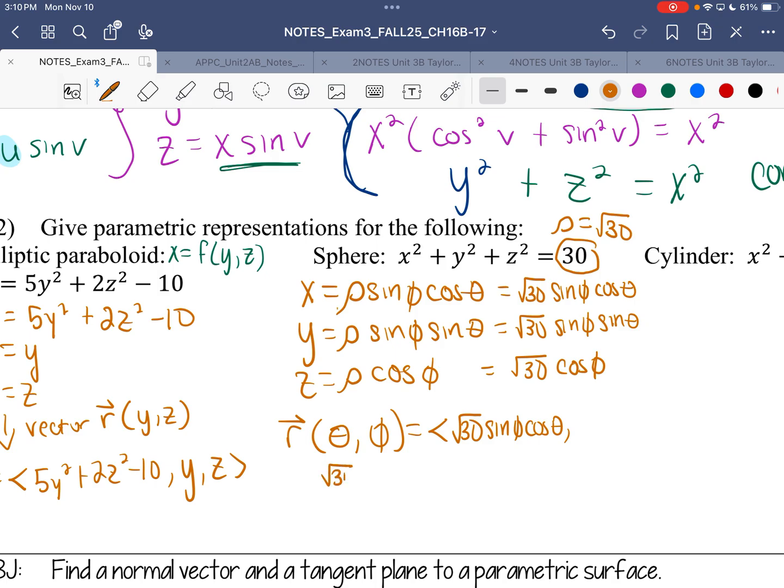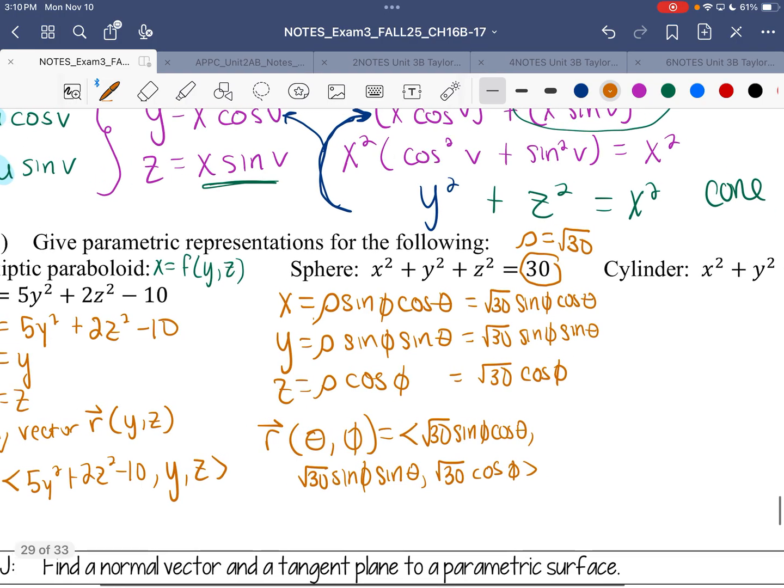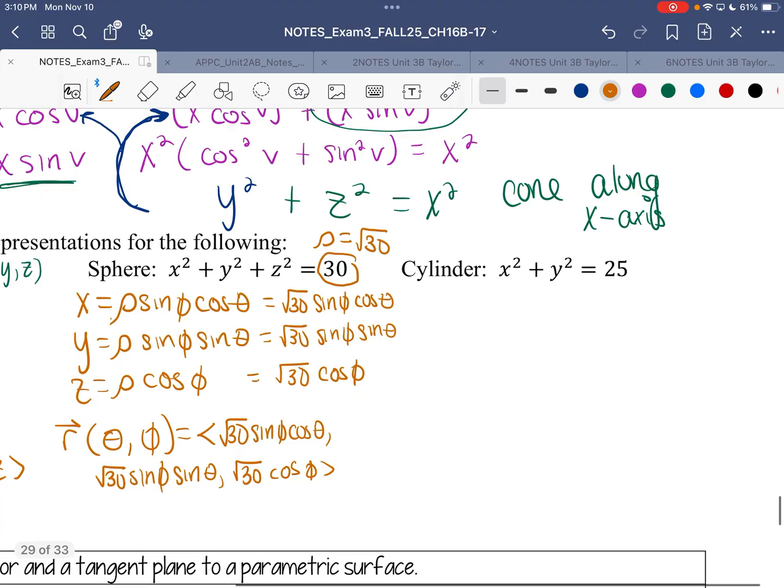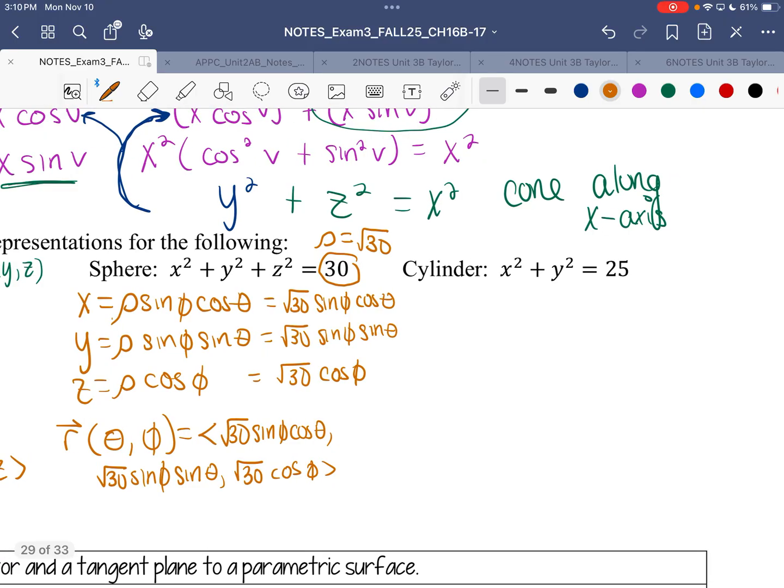Kind of running out of space here, so I'm going to overlap it. Okay, try to think about how to do it in cylindrical.